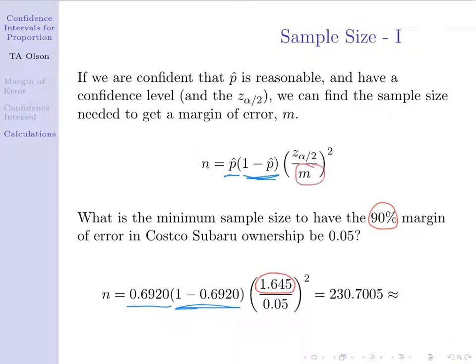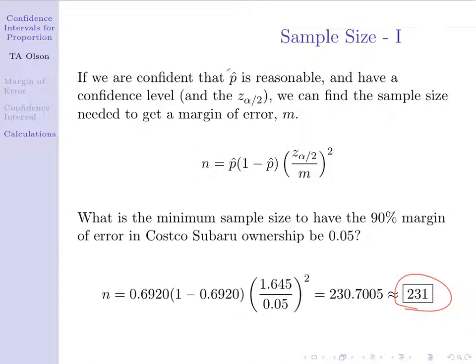Our margin of error is 0.05. We do that fraction, we square the result, multiply it by this thing, and we get that this is 230.7005. And again, we want to round that up to 231, right? When in doubt, make the sample larger to get a smaller margin of error.